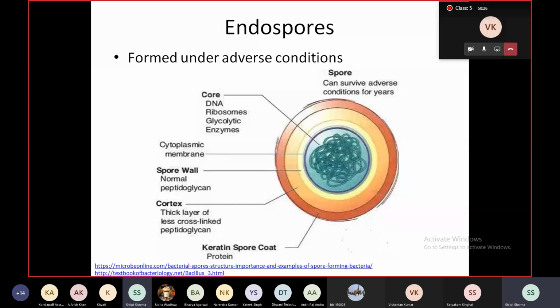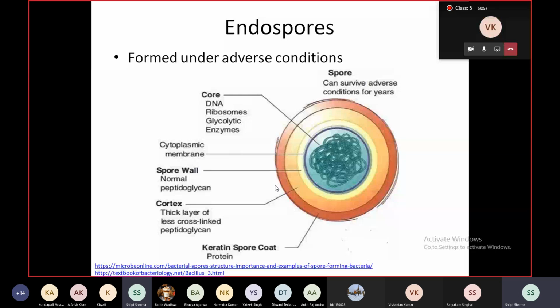Endospores can survive stresses which could range from high temperature, high UV radiation, desiccation, chemical damage, etc. The extraordinary resistance that endospores exhibit makes them all the more interesting because they are not prone to being killed by many antimicrobial treatments. The endospore has a very special structure with multiple layers which confers this resilience.